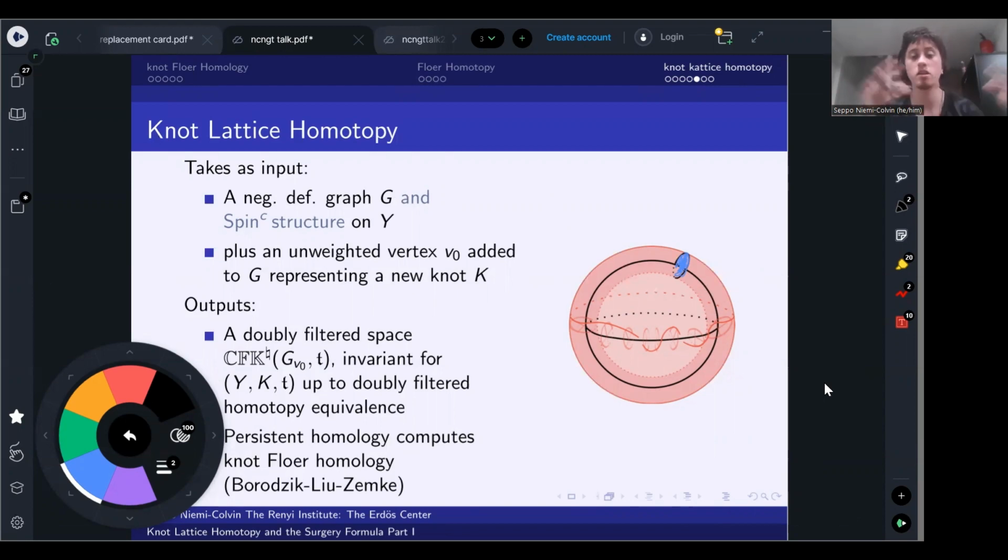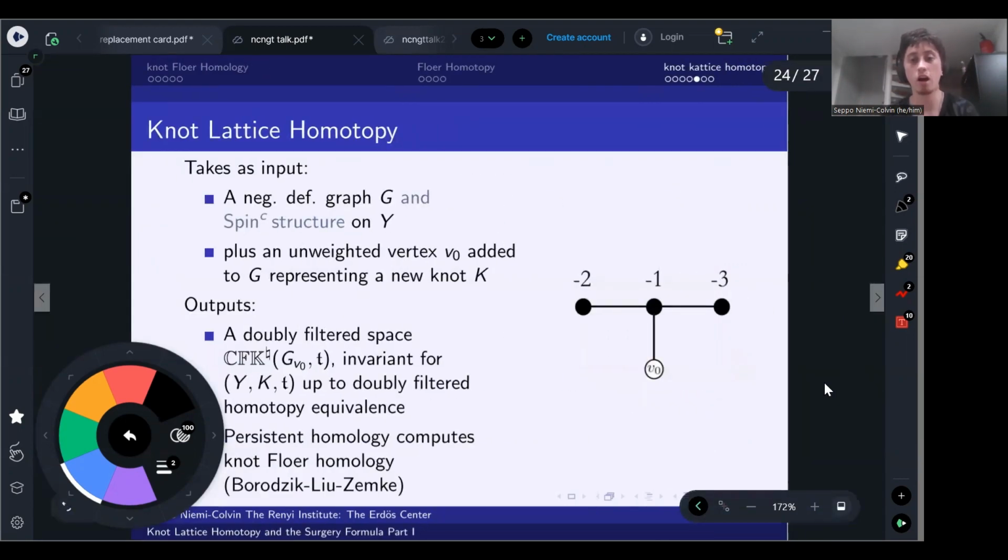And if we want to do this in a general plumbing, we then add an unweighted vertex adjacent to the vertex that it is a fiber of. In particular, you could see this edge as really representing the intersection of the 0 section with the fiber.